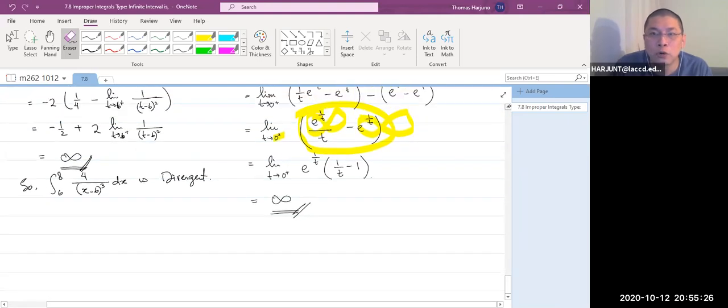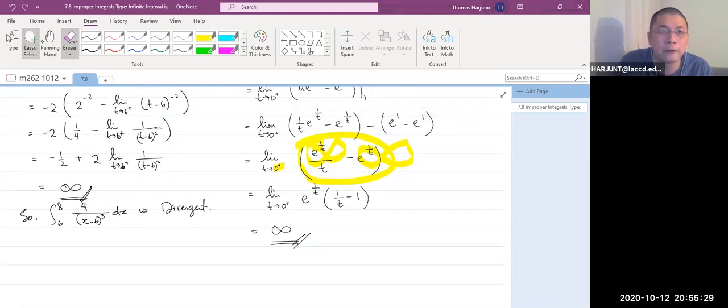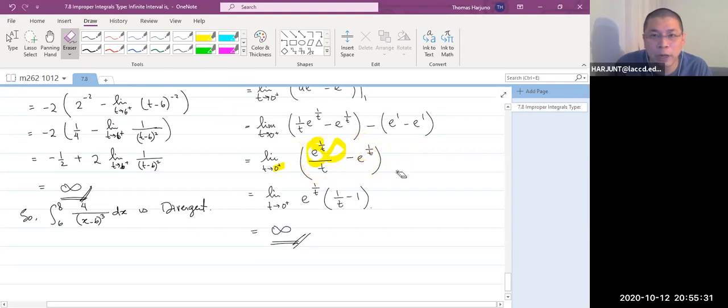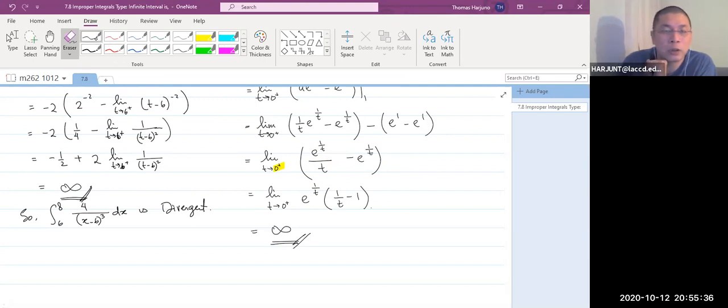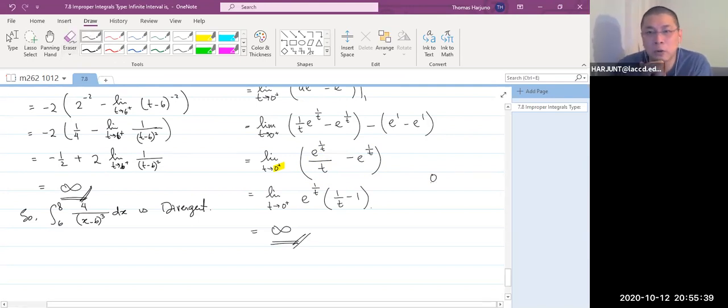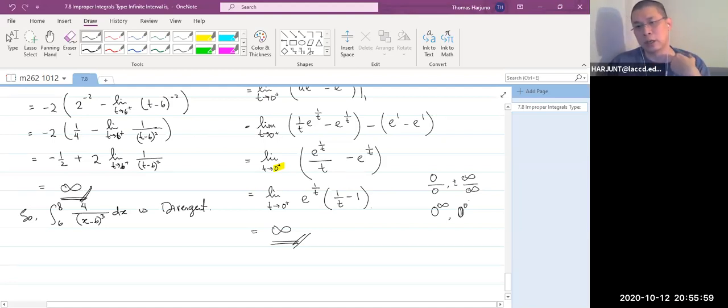So you need to look back to your section 6.8. Look back under what situation we call that indeterminate. We call it indeterminate if you have 0 over 0, plus or minus infinity over infinity, 1 to the infinity, 0 to the 0.